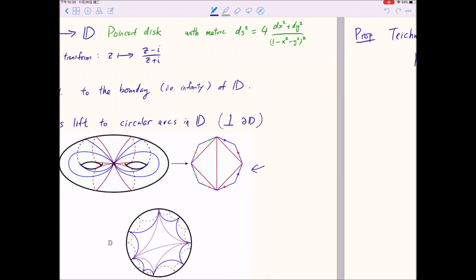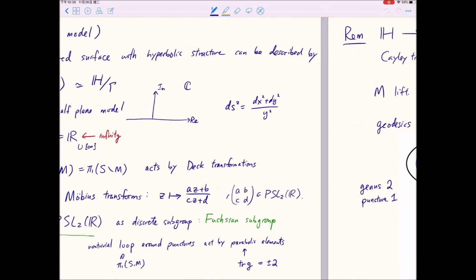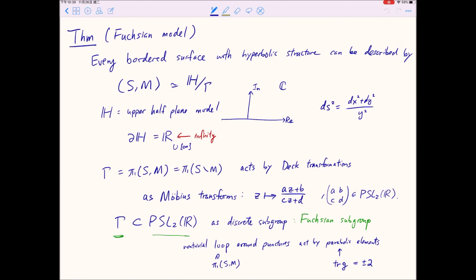Because as we have seen in this picture, to describe a hyperbolic structure really is describing the embedding of your fundamental group into PSL(2,R). So this is equivalent. This means that giving the image of the fundamental group in PSL(2,R) will describe the hyperbolic structures.